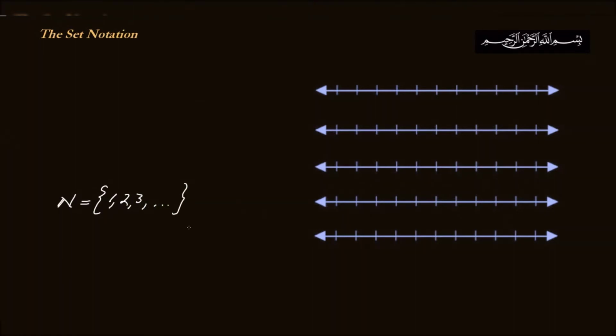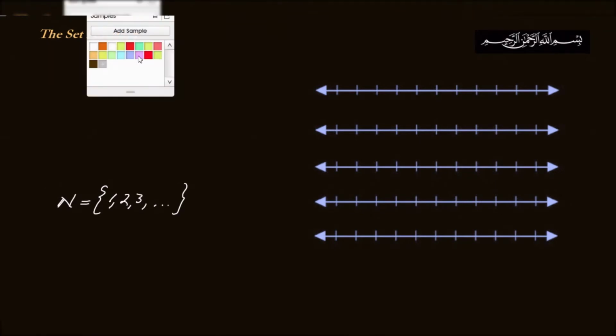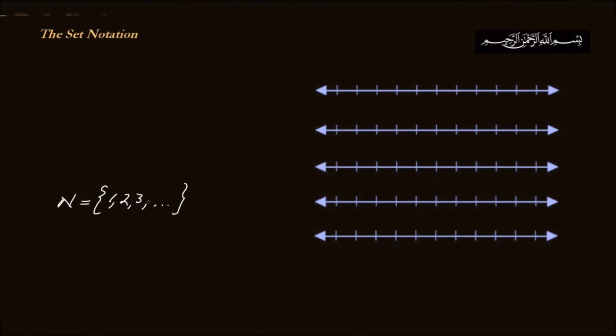And the ellipses here, of course, the dot, dot, dot, imply that this pattern will continue. Now, let's say someday you want to talk about a particular number from this set of natural numbers. You say, I have a certain number from the set of natural numbers, an arbitrary number I'm talking about. So it's very possible that someday you want to talk about some number that belongs to the set of natural numbers.